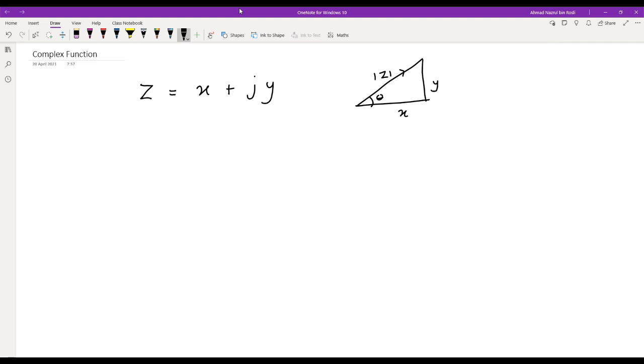This is what you usually make before with vectors, especially in mechanics. But they have introduced what we call a complex function here.